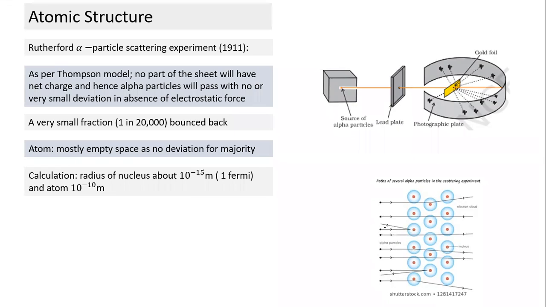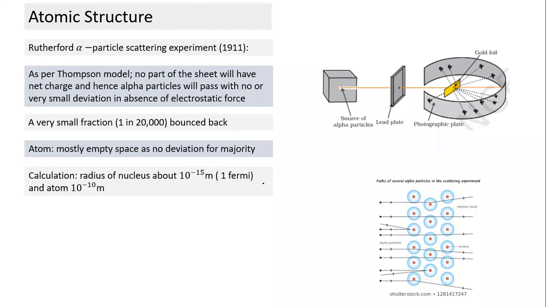This is based on the angle at which the particles deviated, and the proportion of alpha particles which retrace their path. He could figure out what the distribution of charge has to be, and based on that arrangement and his calculation, we came to an understanding that the atom is somewhat similar to the solar system, with a lot of empty space.